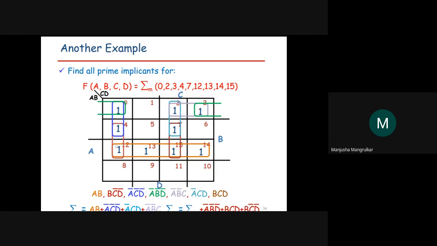So this is a 4 ka grouping, these 4 are covered, this is one more grouping, these 2 are also covered, this is another grouping, 2 are covered, and this is one more grouping, either this or this green grouping, right? This way you have to minimize your equations, right?